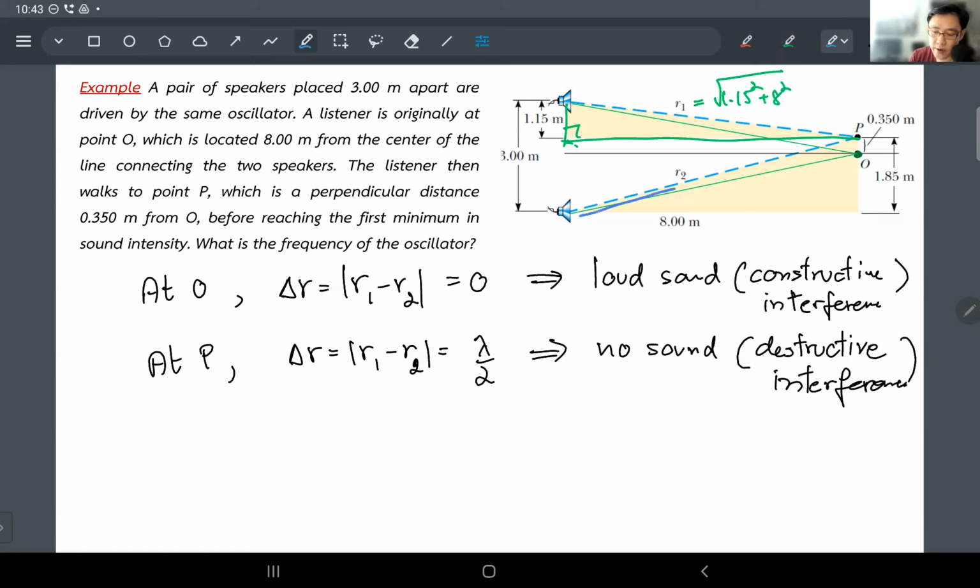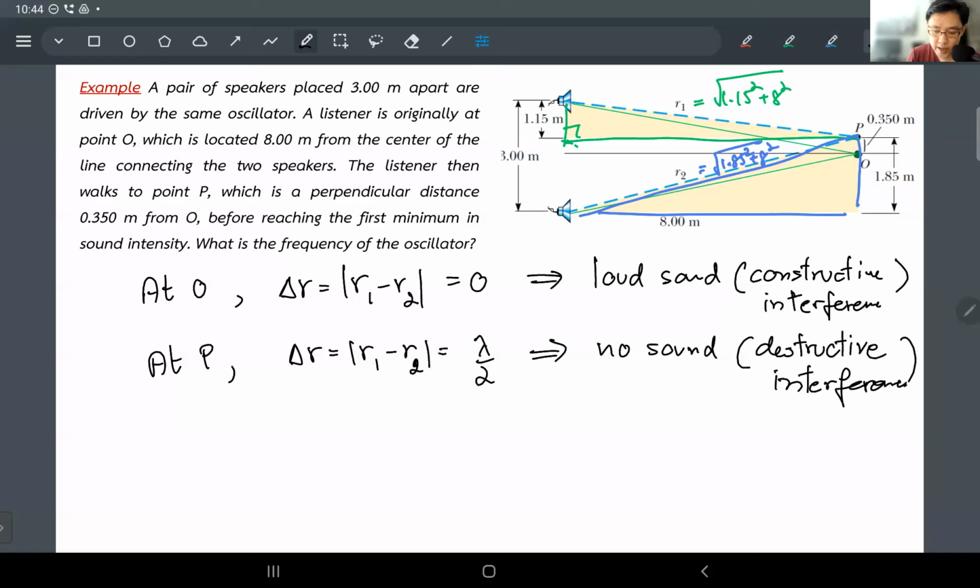You look at the bottom right triangle over there. It looks pretty ugly, my bad. Square root of 1.85 squared plus 8 squared. So you just apply the Pythagorean theorem there. In conclusion, you will be able to figure out the numerical values of R1 and R2. Just plug them in there.